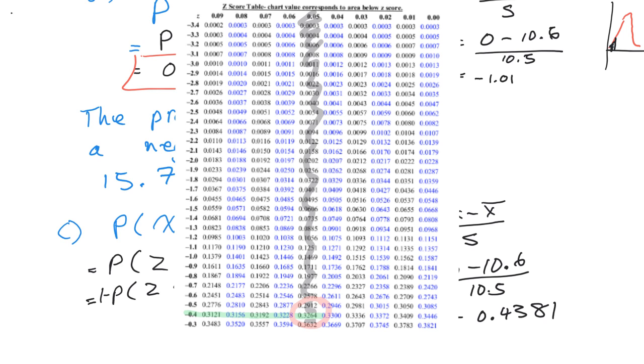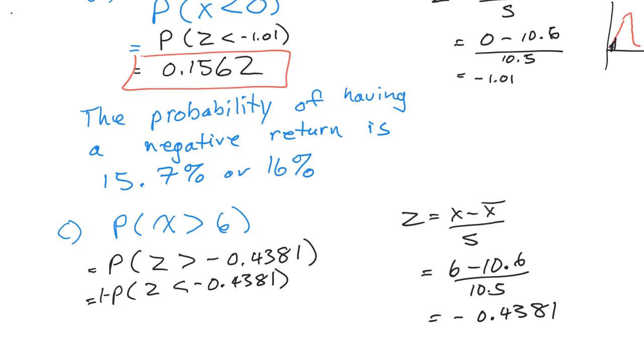In this case, our Z-score is going to be negative 0.3264. And we have 1 minus 0.3264, which gives us the following answer.